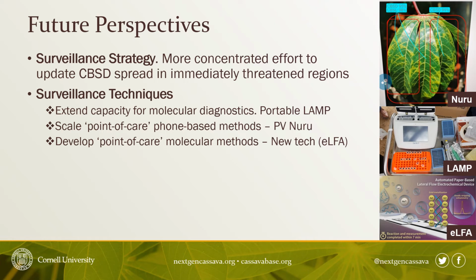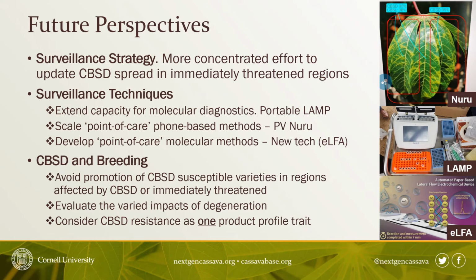So the idea here is to develop cheap, convenient, simple lateral flow devices that can communicate with phones that could be used to extend surveillance in the field just by making things smaller, easier, cheaper.